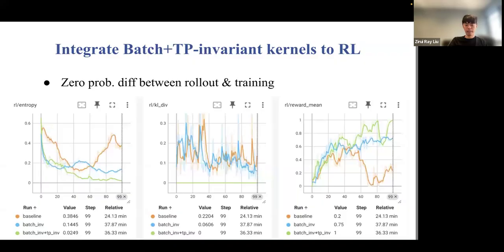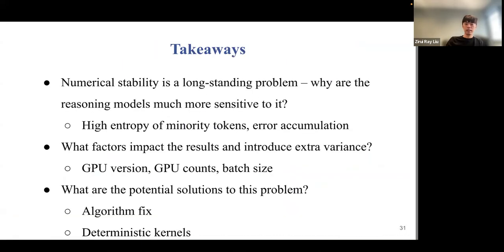That's the reason why I think in the future we should approach this problem from both the algorithm and systems side. No single one can rule out this game. And the takeaway for this talk: numerical stability is a long-standing problem, but why are reasoning models more sensitive?